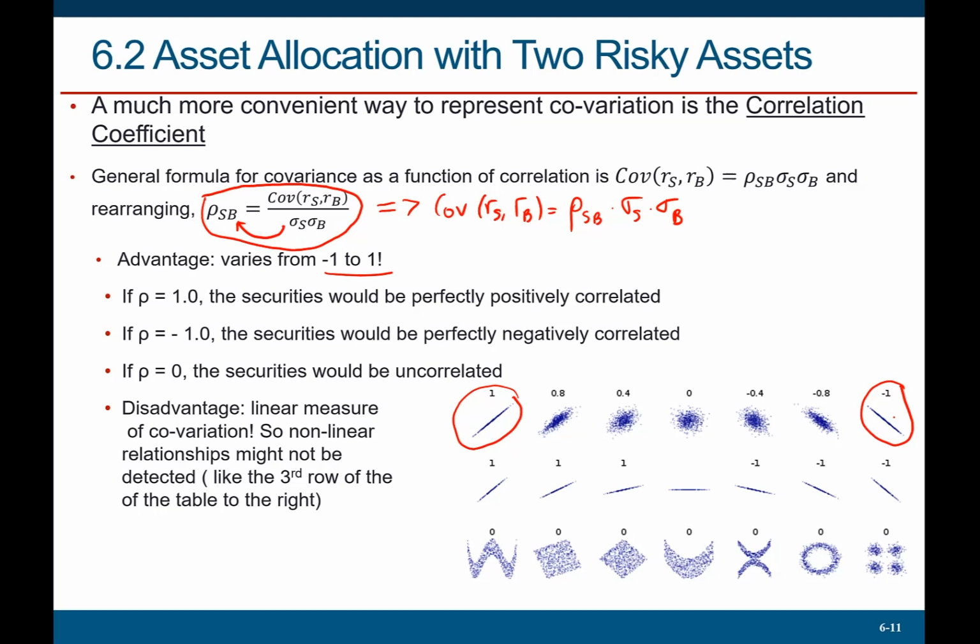So for a correlation of 0, here we have this blob of points. It does not allow us to draw any conclusions about one asset if we know what happens to the other one. Basically, they're not related. They aren't correlated with each other. You could even say they're independent. So you do not see a real pattern here.